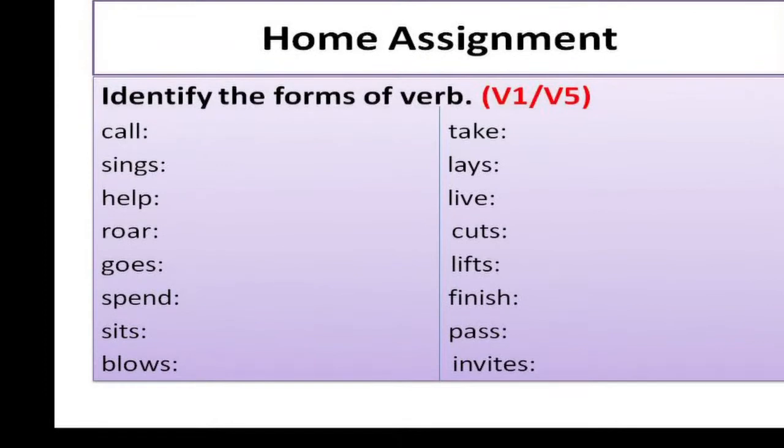These are some of the verbs. I have mixed verb 1 and verb 5 together, and you have to identify the forms of the verb, whether they are verb 1 or verb 5. Now this is your home assignment. Please note it down in your notebook. I guess you have noted it down.